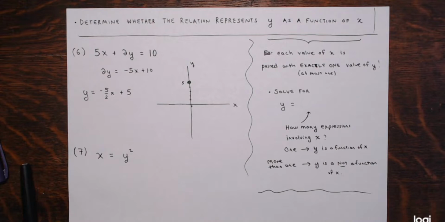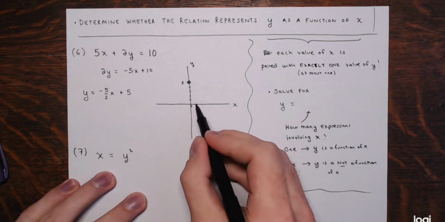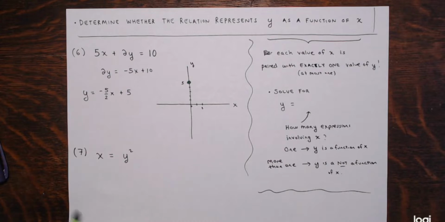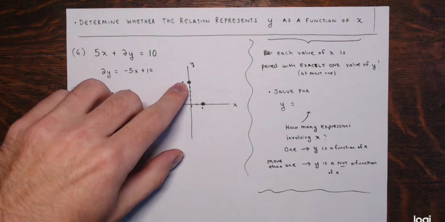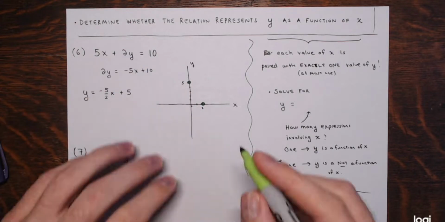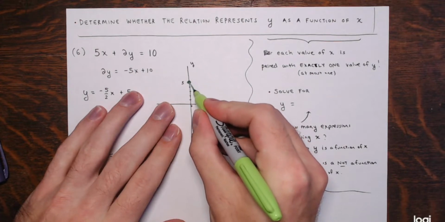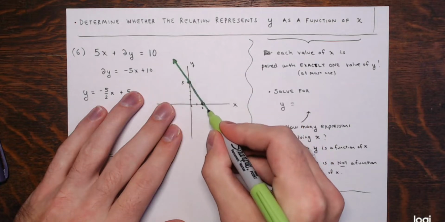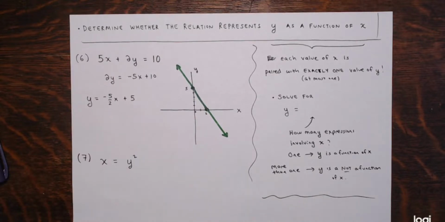If x were 2, then the output would be 0. So input 2, output 0. Those are like the x-intercept and y-intercept of the graph. But then there's infinitely many ordered pairs that satisfy this equation, and they form a straight line like this. There's a graph of all the infinitely many ordered pairs that belong to the relation described by this equation.